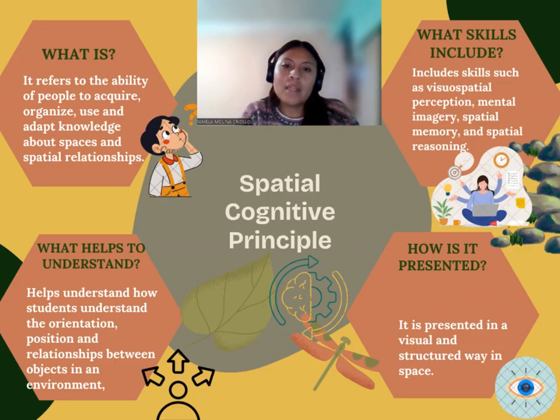If we put an image on one side and the explanation in a different place, the student has to work harder to relate the two things, which increases the mental load and can make understanding difficult. But if the image and the explanation are close, the mind processes the information more quickly and naturally.